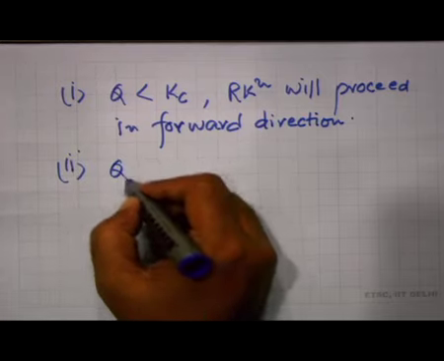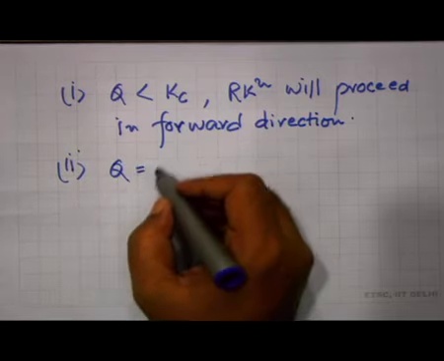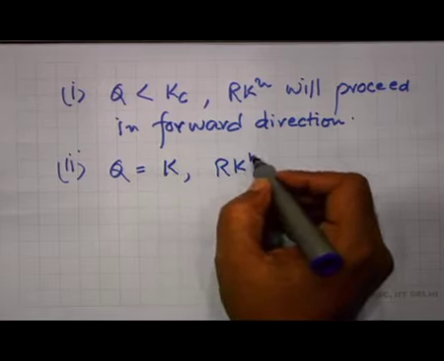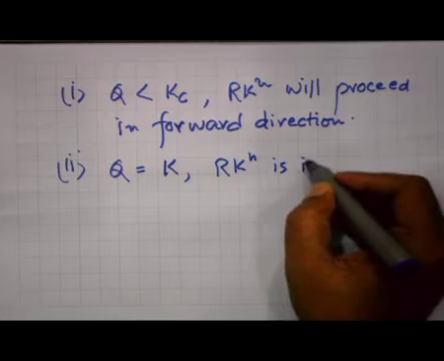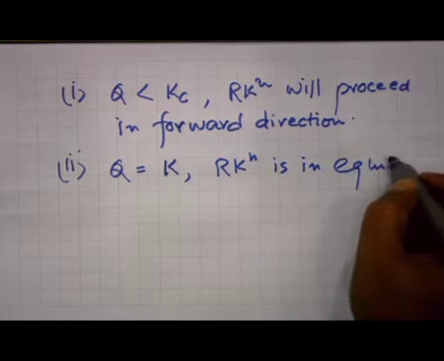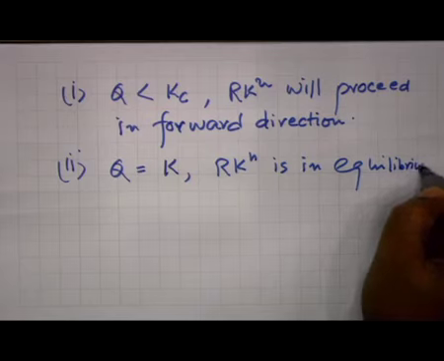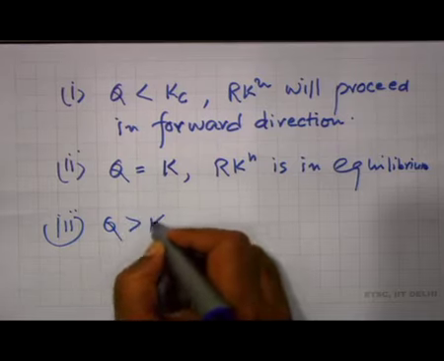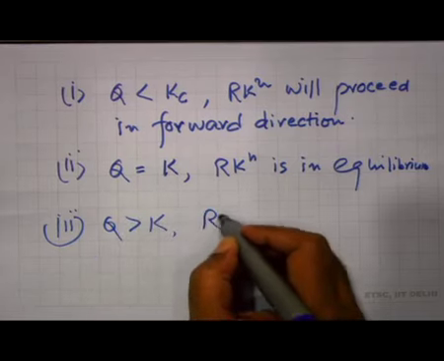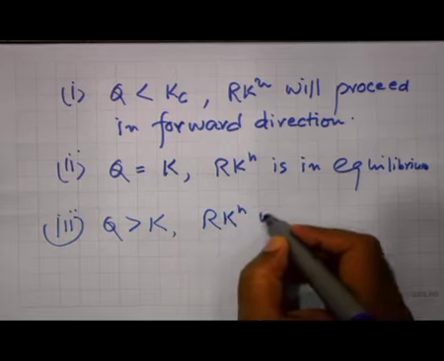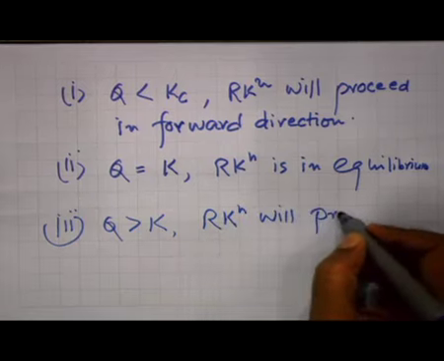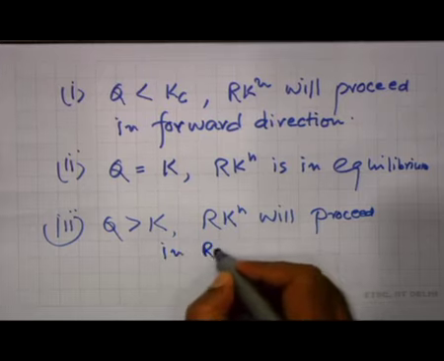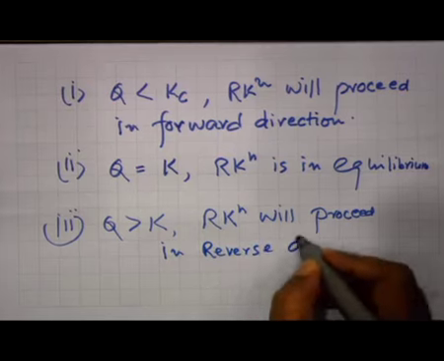Second, when Q is equal to K, then the reaction is in equilibrium. And third, when Q is greater than K, the reaction will proceed in the reverse direction.